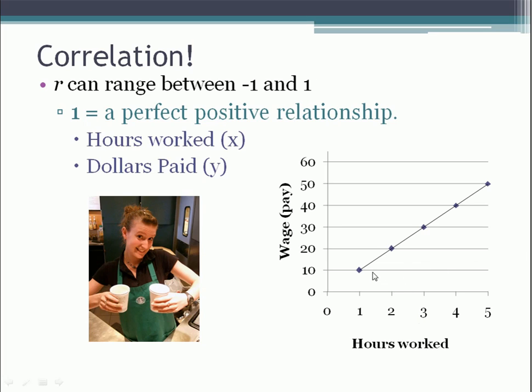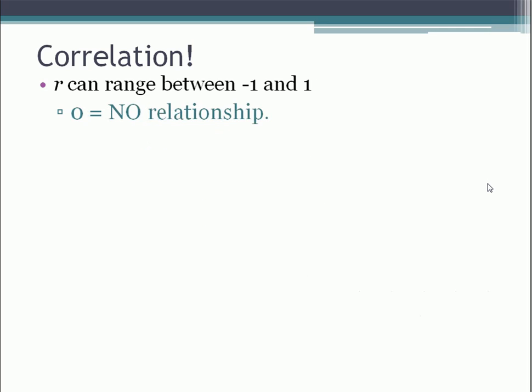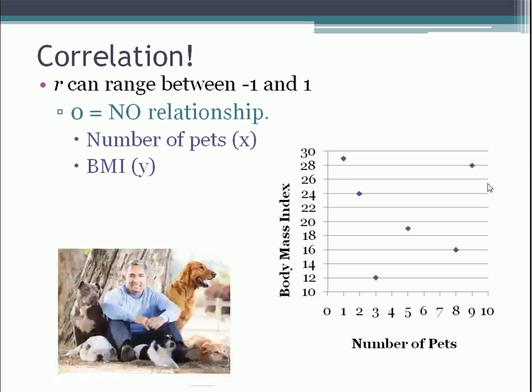When you have a perfect relationship, the data points are going to form a perfectly straight line. Now, as that relationship becomes less perfect, right, as there are more things that influence your x variable and your y variable, those data points are going to spread out around that line, right? And the more they spread out, the closer that correlation gets to 0. And 0 means no relationship, right?